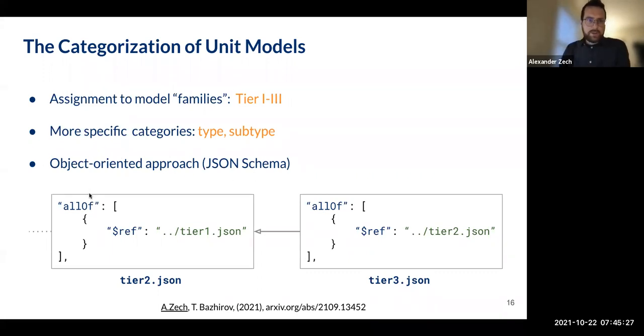This is realized by the allOf operator, which enables us to include a schema in a current schema. So here an example is that we have, let's say, a schema for the tier 3, and we include the schema that was defined in tier2.json. And in this way, we can propagate information down the model branch, basically.